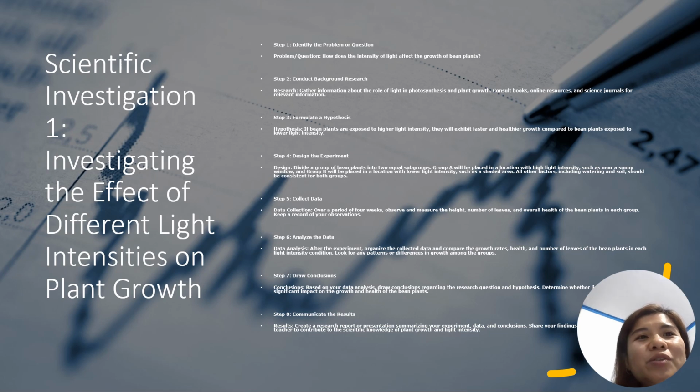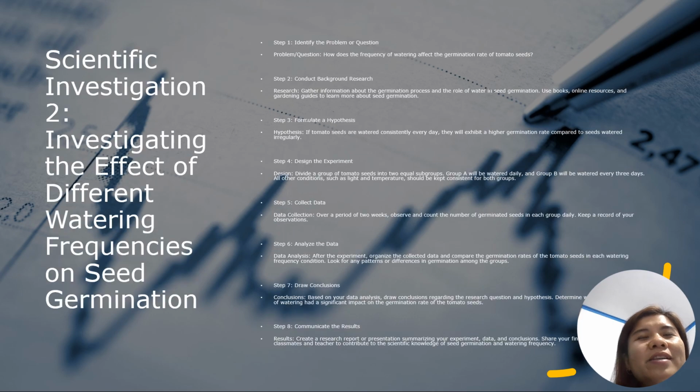Now let's proceed to the second scientific investigation. The title is Investigating the Effect of Different Watering Frequencies on Seed Germination. Again, we have to specify what type of seed we are going to study.